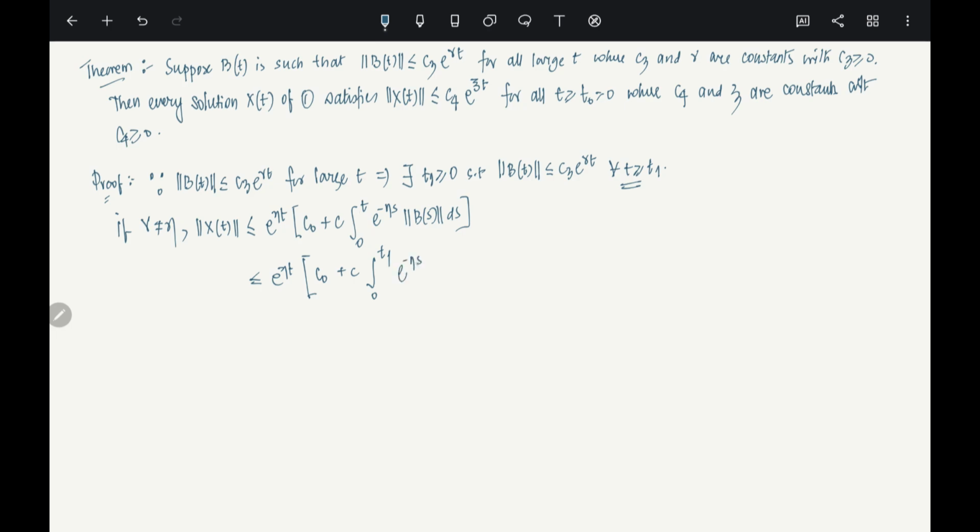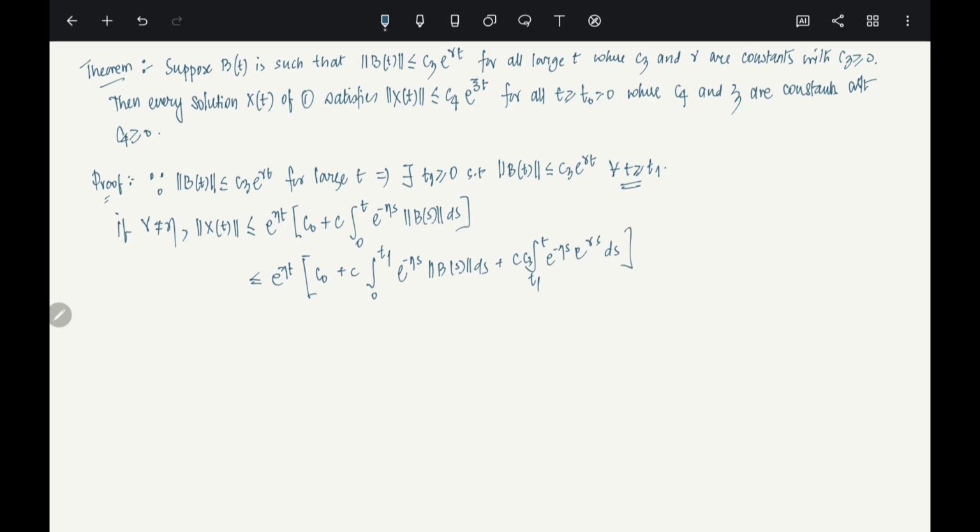It is e to the power minus eta s norm of b(s) ds plus C times the integral from t1 to t of e to the power minus eta s. Norm of b(s) is nothing but C3 times e to the power gamma s, right? I'm just replacing it.